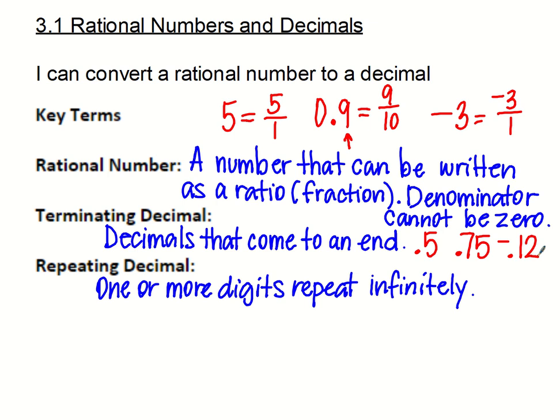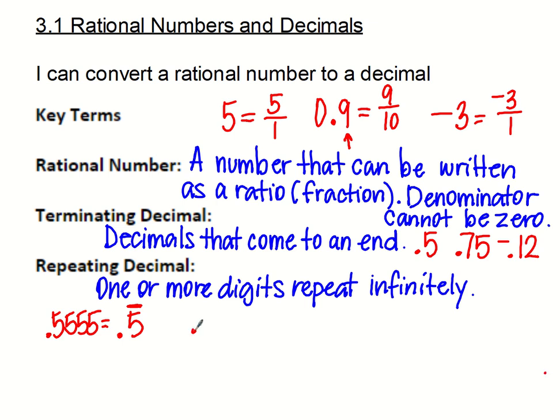Okay. And then repeating decimals have one or more digits that repeat infinitely, so forever, okay? So you guys know that when you're indicating that something's repeating, if I'm saying that 5 repeats, so 0.5555, here, let's write it this way. If that continues on forever, I can write that as 0.5 repeating with the line over.